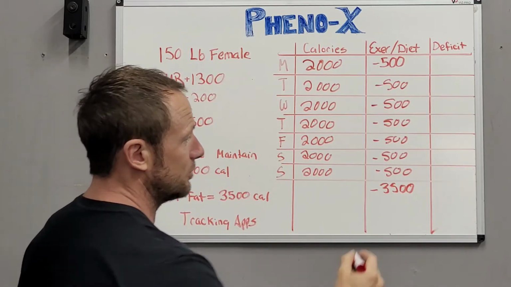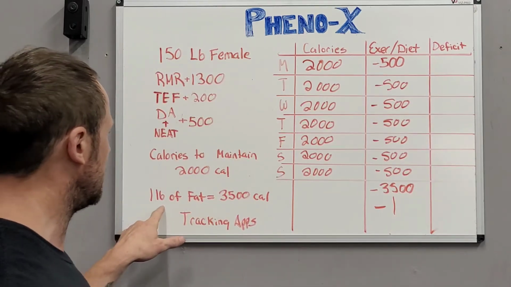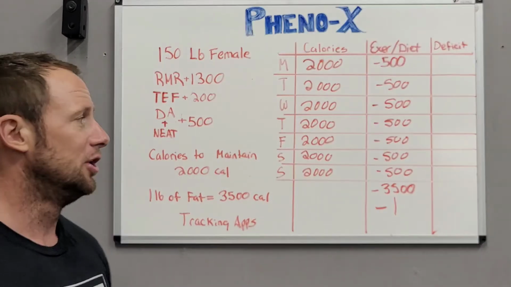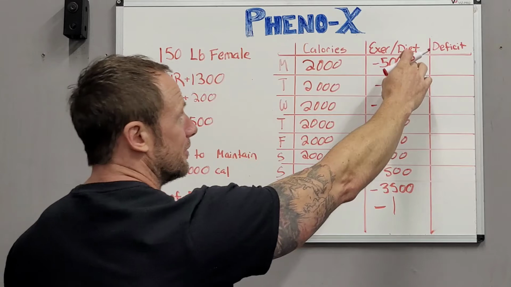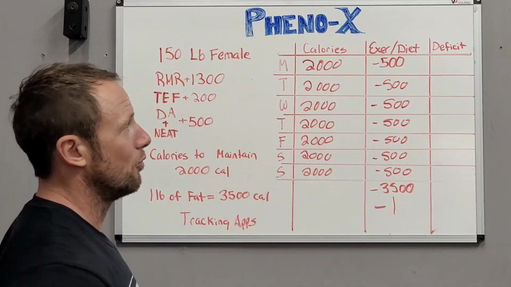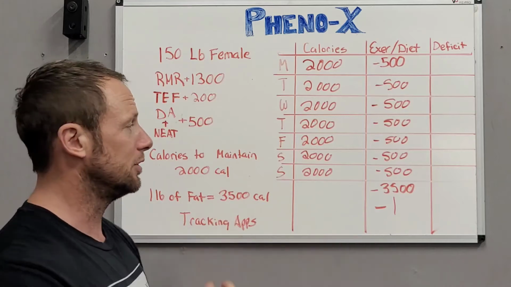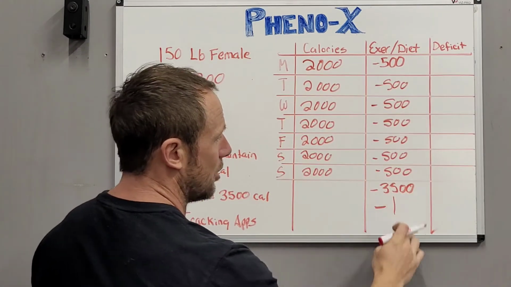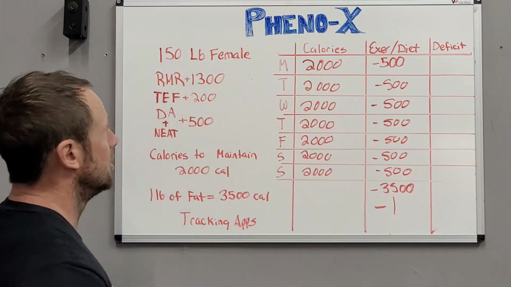And that should equal 1 pound of fat loss, because remember, in 1 pound of fat there's 3,500 calories. So hopefully you can see, we ate 2,000, we burnt 500 off, 7 days in a row. Consistency, this is where it really matters. We should have lost 1 pound of fat after these 7 days.